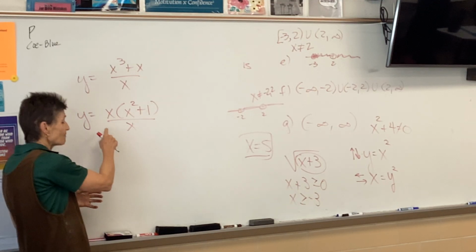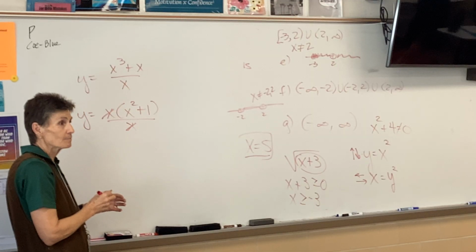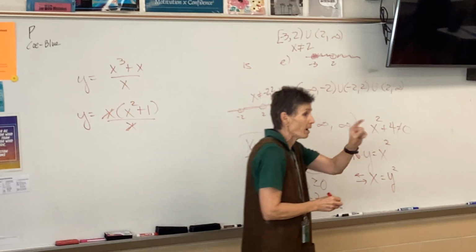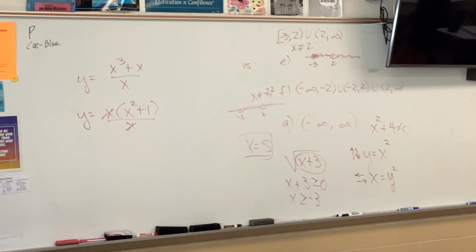And as soon as I factor that out, I can cancel. And when I cancel an x out of the problem, it's a removable discontinuity. So if I were going to graph this picture, which I'm not right at this moment, but soon I will be doing that, I would have a hole at that point. All right?